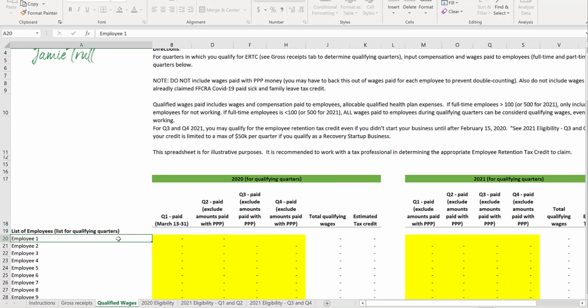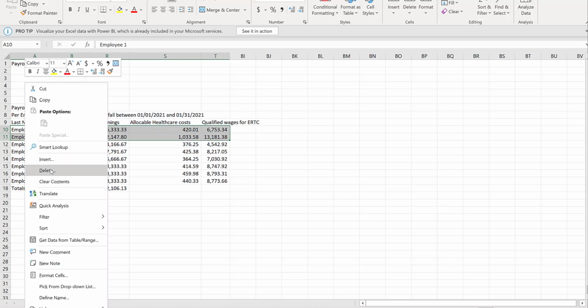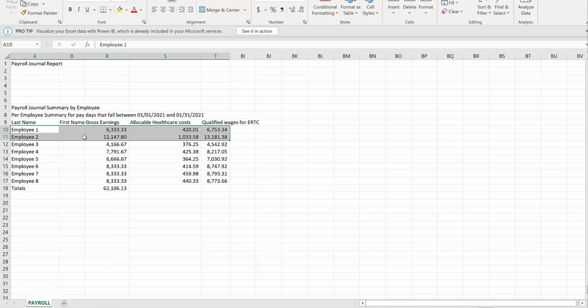Now, remember that we cannot include any relatives of the owners. So actually what we're going to do is take out these first 2 people, because this includes both the owner and a relative, okay? So these 2 wages we're actually going to exclude at this point in time.